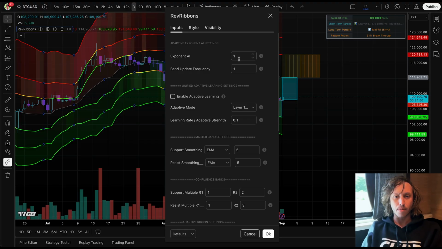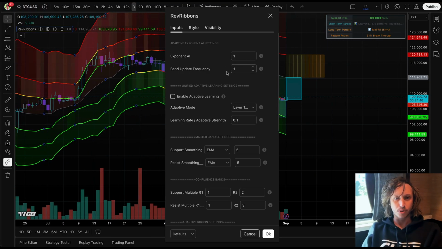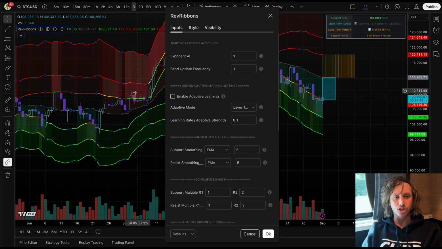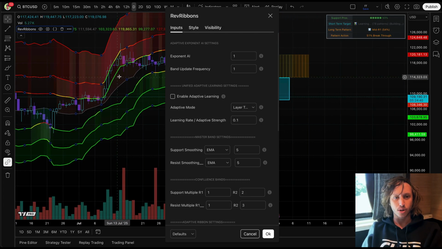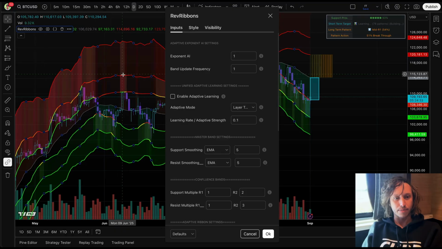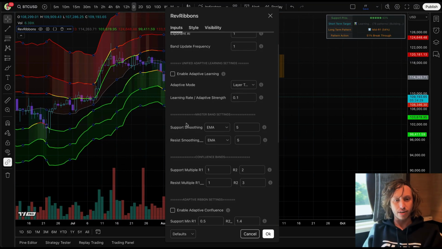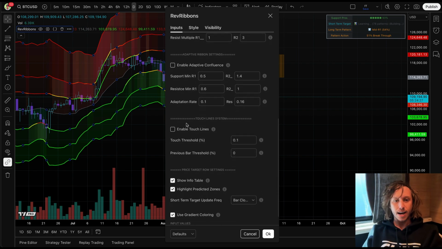I usually keep it whole numbers, but you can even adjust to decimals. The update frequency will give you a slower reaction time, a slower curve, and in some cases this will be better, especially on higher or lower time frames, depending again on the asset you're on. But as the default settings are now, it's pretty great for Bitcoin.